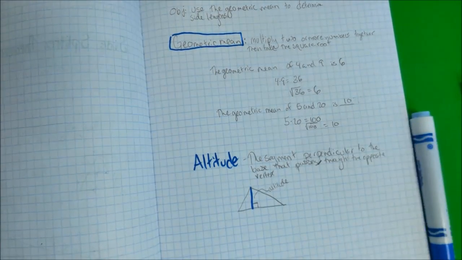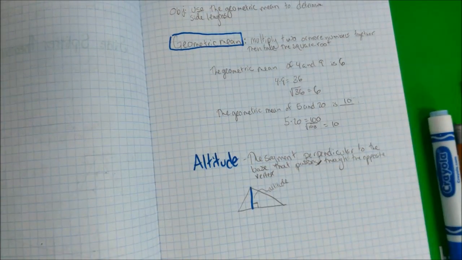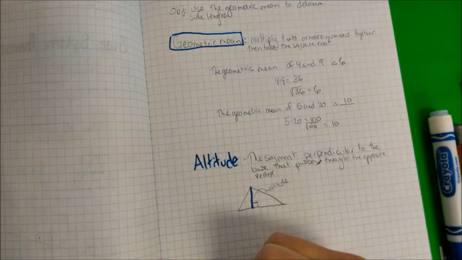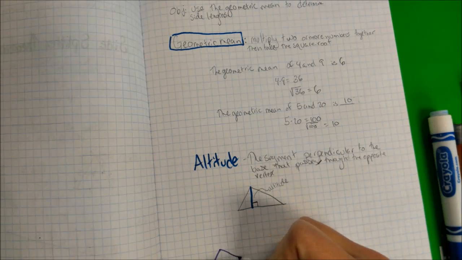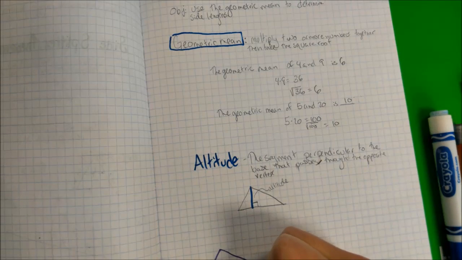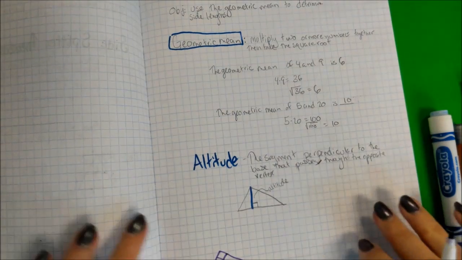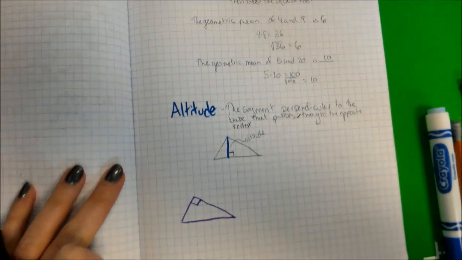Okay, so what we're going to be looking at is similar right triangles. So if I were to draw a right triangle, there's my right triangle.